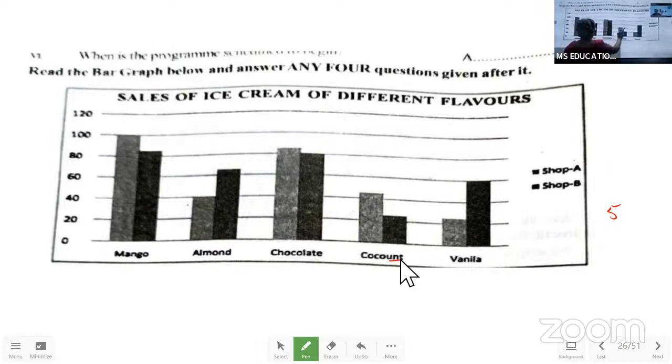And they are shop A and shop B. If you look at a glance, you can say the mango flavor in shop A is preferred, while the least is the coconut in shop A and vanilla in shop B. So children, if your observation is very keen, you get half the answers immediately.